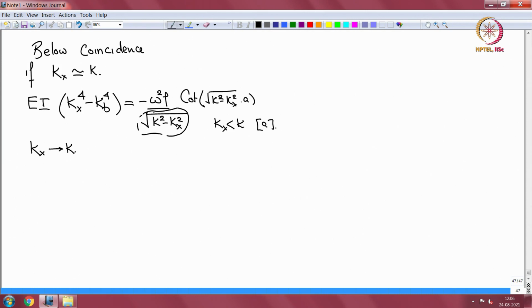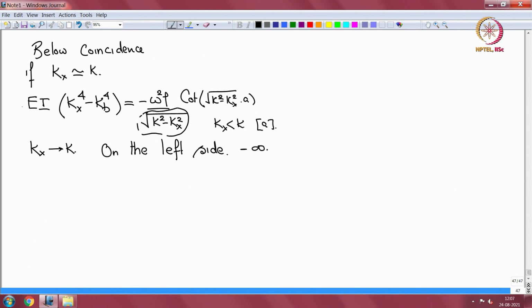Looking at the left side, I have to approach negative infinity. Then what happens? What will do that?